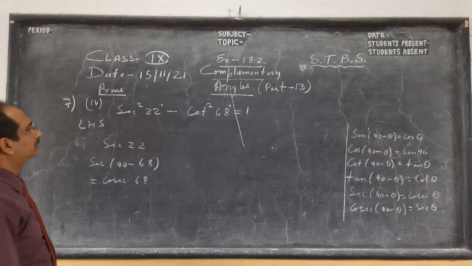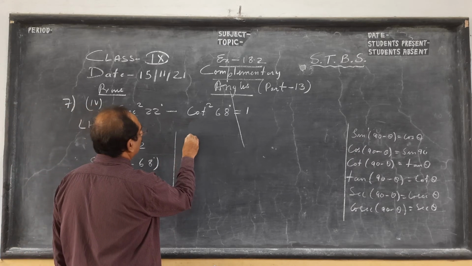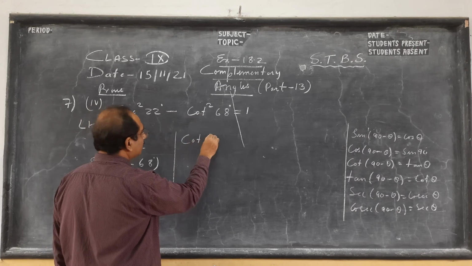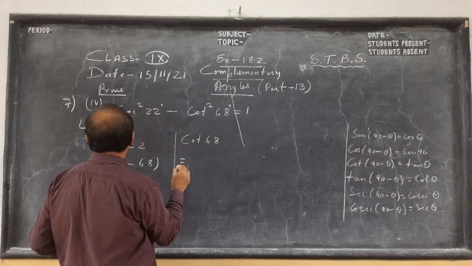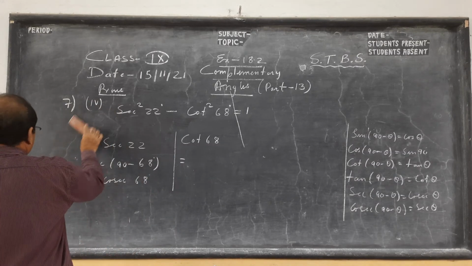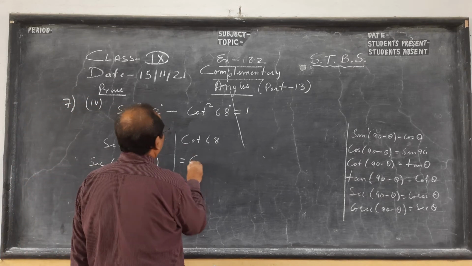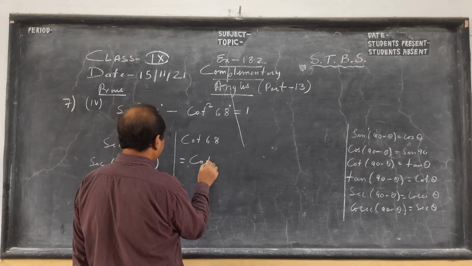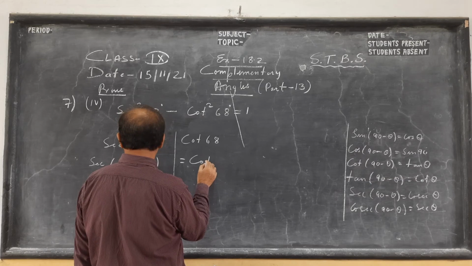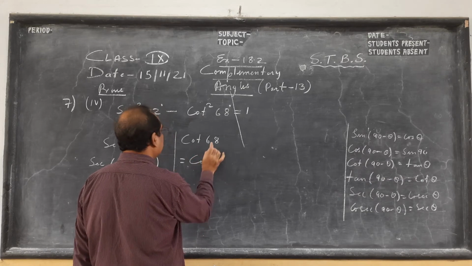Now next we see here cot. I'm not taking square value first. Okay, I'll come to the LHS. First I am trying to get this. So cot 68, this is 68, let it be 68.